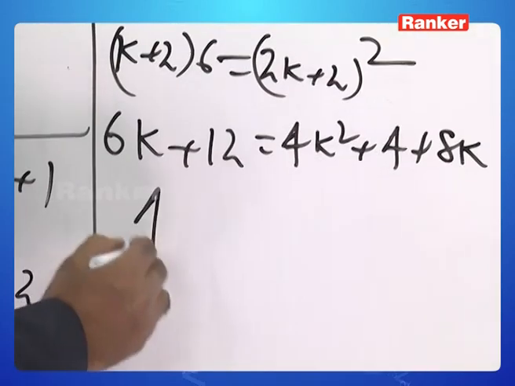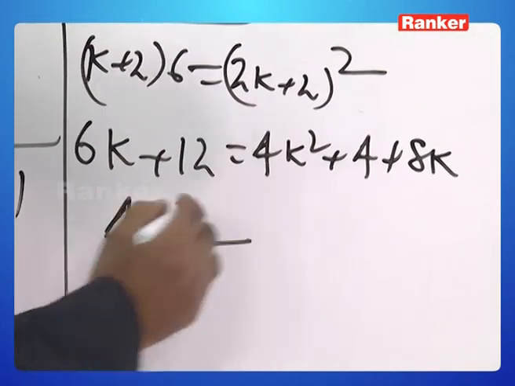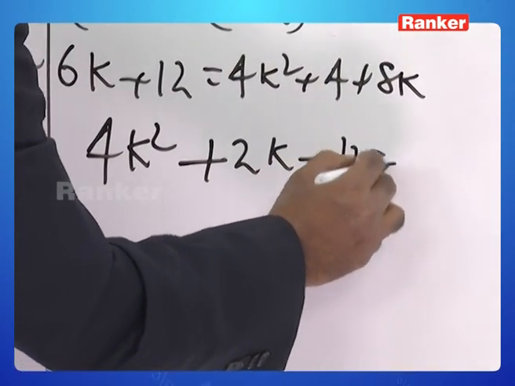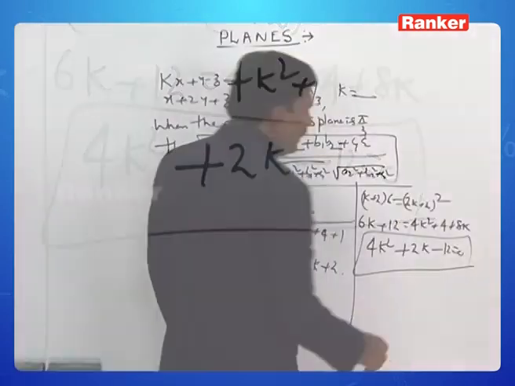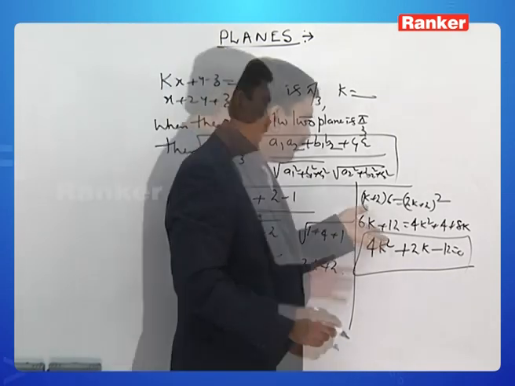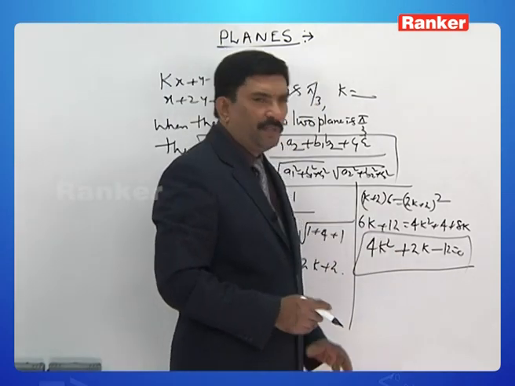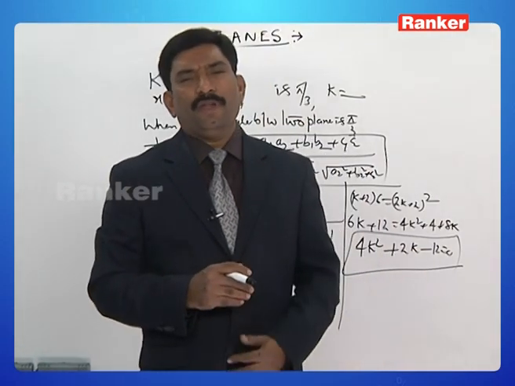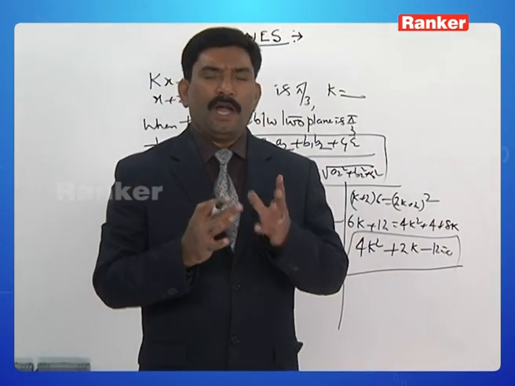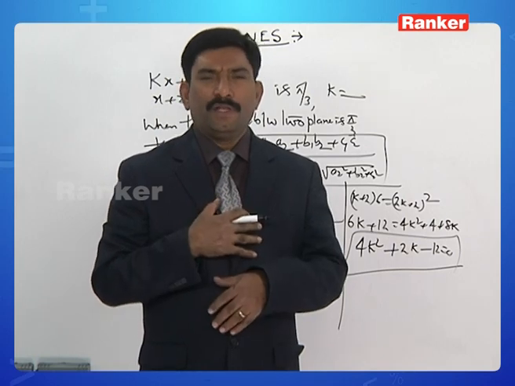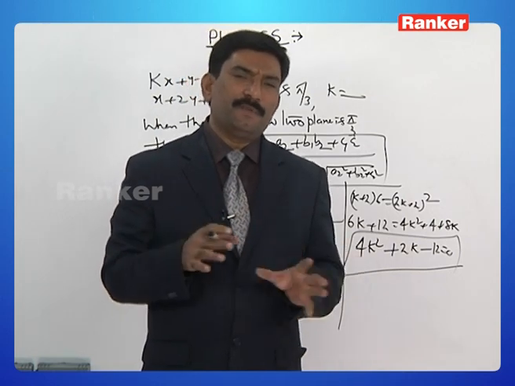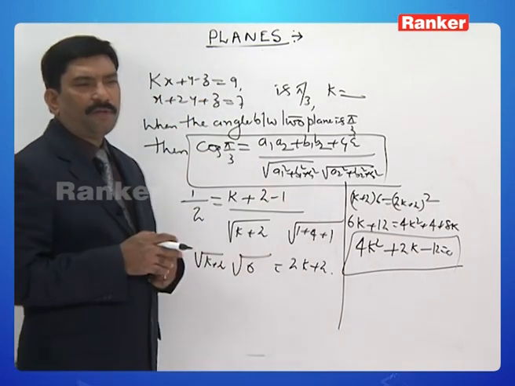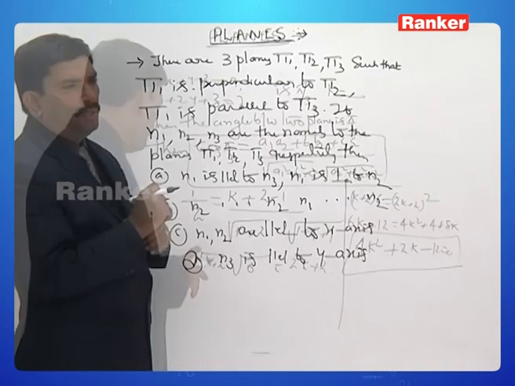Now I can write 4k square plus 2k minus 12 is equal to 0. Simplify, that gives the value of k. Factorizing this quadratic equation, you get the values of k. This is how you can find out the unknown when the angle between the two planes is something like 60 degrees. Then this is how you can find out the value of k.